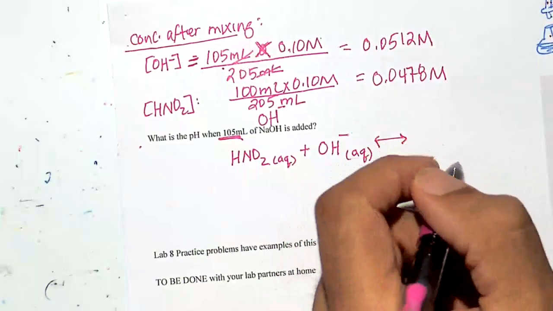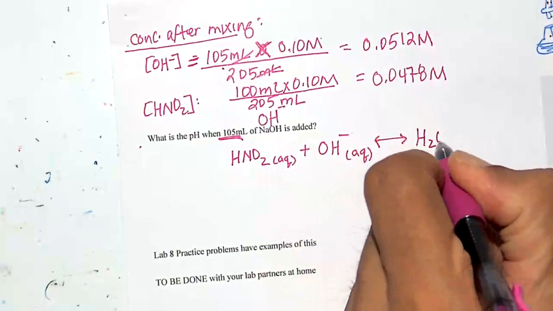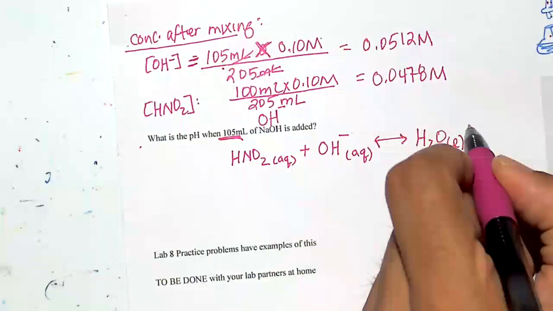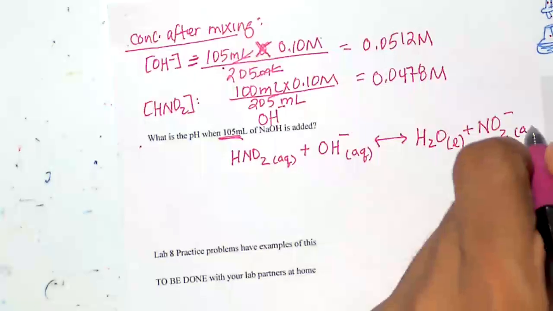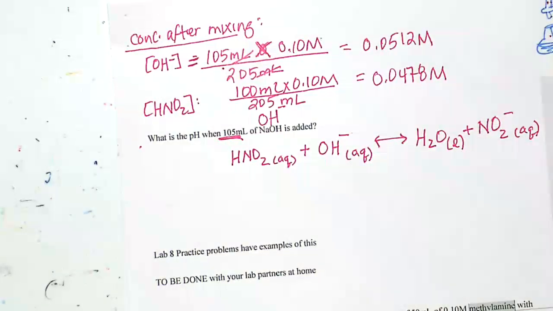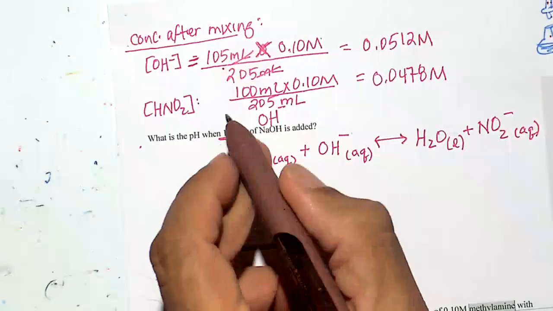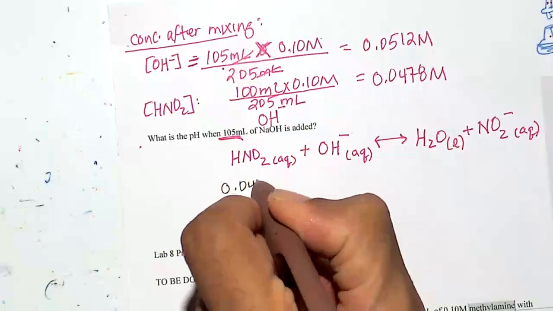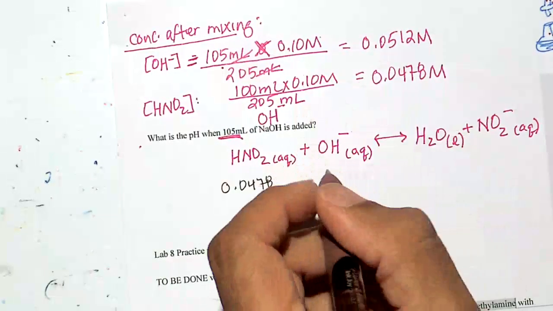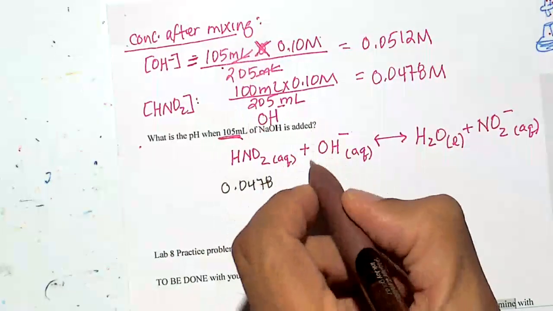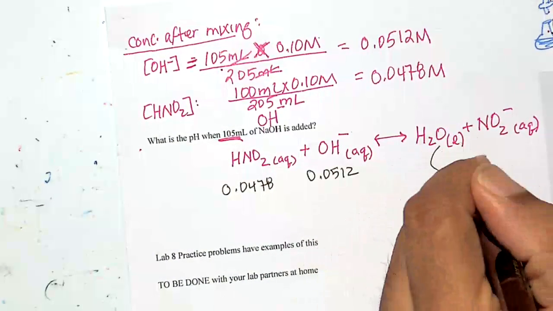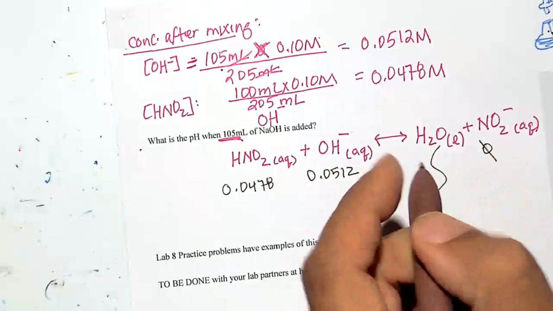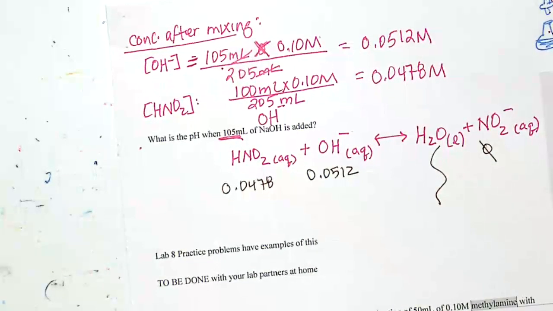This strong base is going to abstract that proton, giving us H2O liquid and NO2 minus. Right, the concentration of HNO2 here is going to be 0.0478. The concentration of OH minus is 0.0512. Okay, we don't care about water, and this is going to be 0.